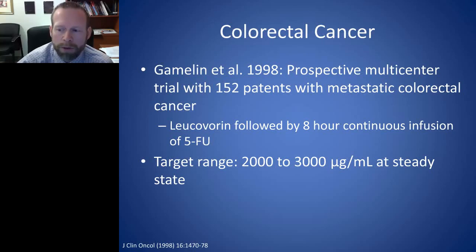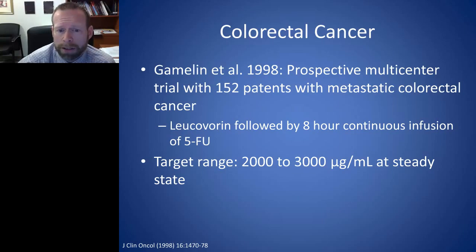Now, if we move from head and neck cancer into colorectal cancer, there are a series of studies by this Gamelin group. I'll present only a handful of them today. The first one we'll point to here is a 1998 study, which is a multi-center trial, not a randomized control trial, where they were administering leucovorin followed by an 8-hour continuous infusion.